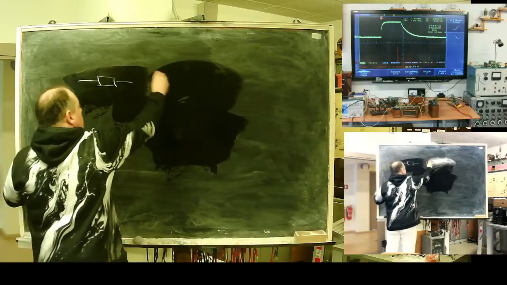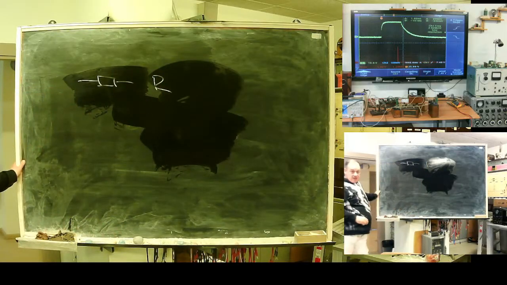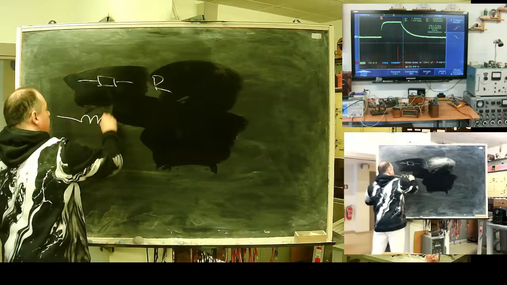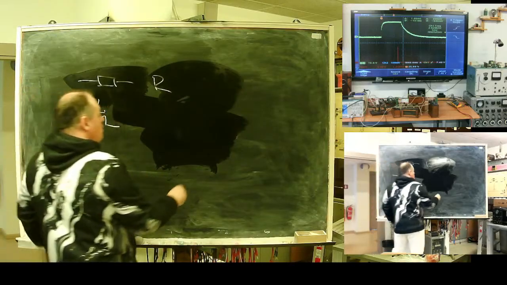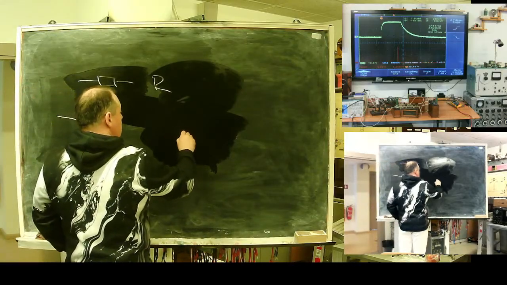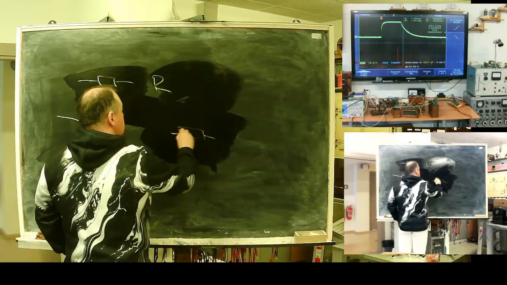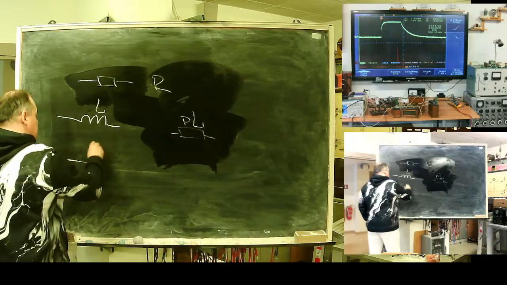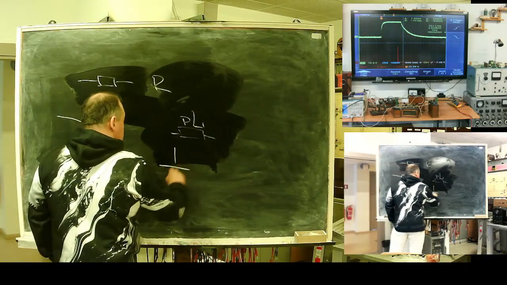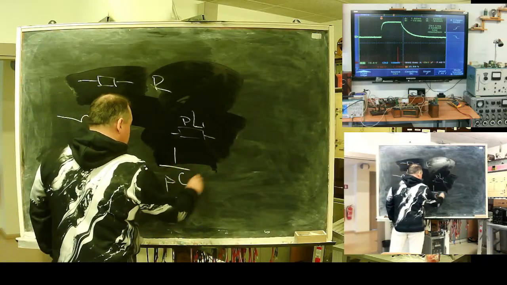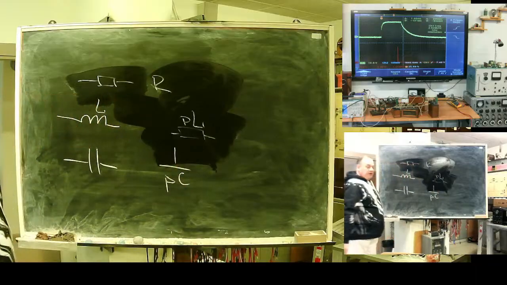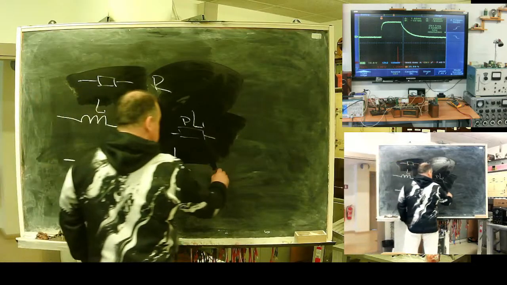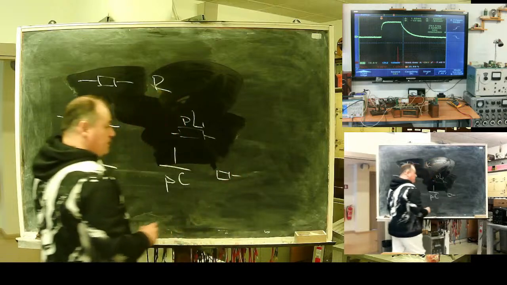Resistors will remain resistors. Coils with inductance L will become complex resistance pL. Capacitors, 1 divided by pC. Again, it's a complex resistance. But that's not all.